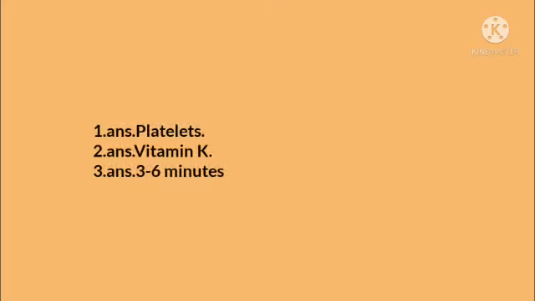First answer is platelets. These are one of the blood cells which are present in blood and help in coagulation of blood. The second answer is vitamin K. This vitamin is required for coagulation of blood. And the third answer is 3 to 6 minutes. Blood coagulates in 3 to 6 minutes.